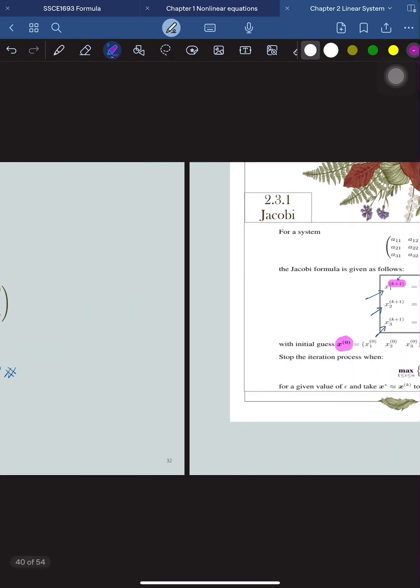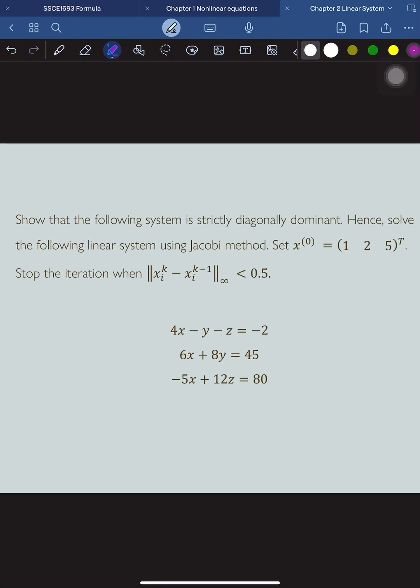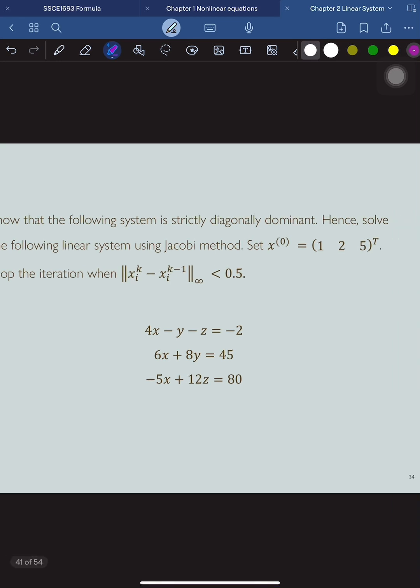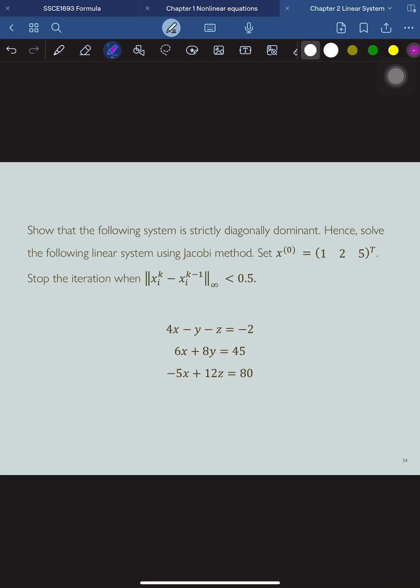Right, so let's try the Jacobi. Show that the following system is SDD, hence solve the following linear system by using the Jacobi method. First we need to check the SDD.